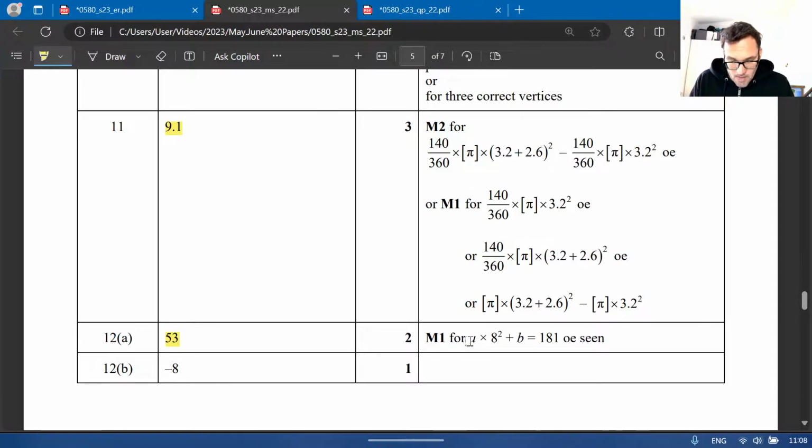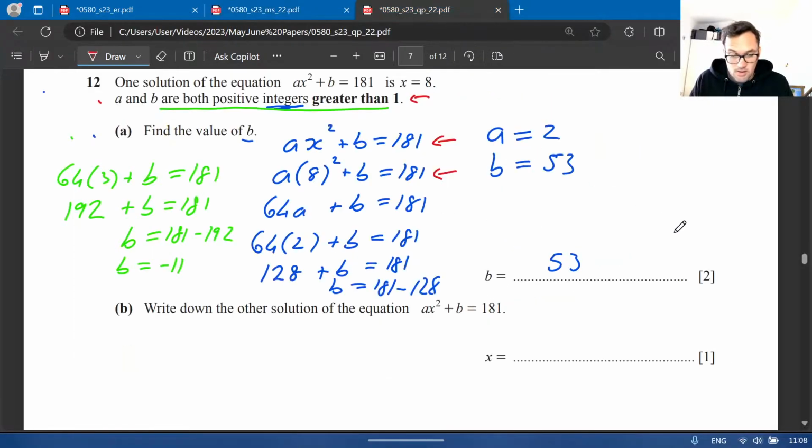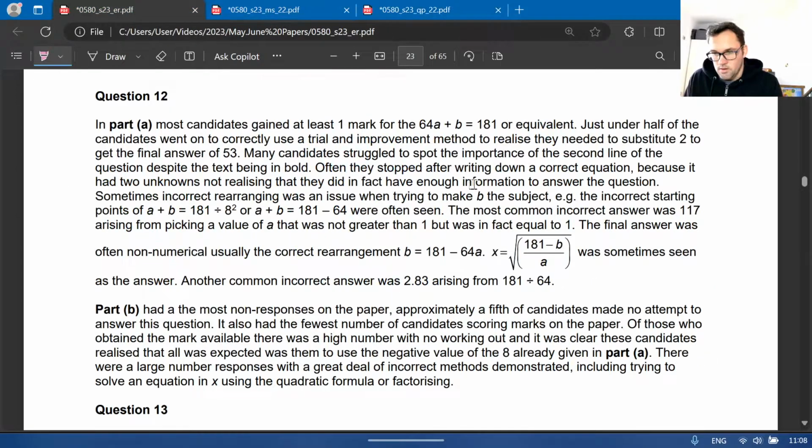Look at that, you get 1 mark if you just substitute that 8 into the equation. So see, it's 2 marks, you can get an easy mark just by doing the first step. Do not fear, just do what you can. See, it says many of the candidates didn't understand the importance of the second line of information they give you. So always pay attention to all the information they give you.